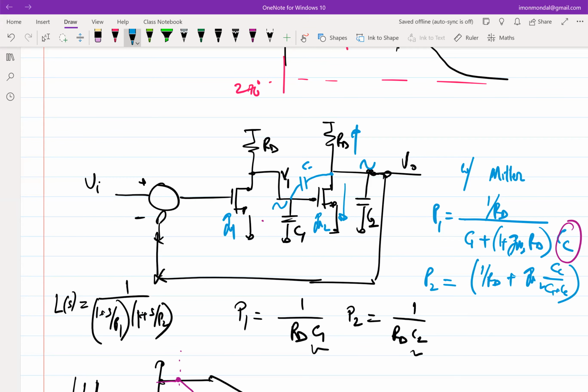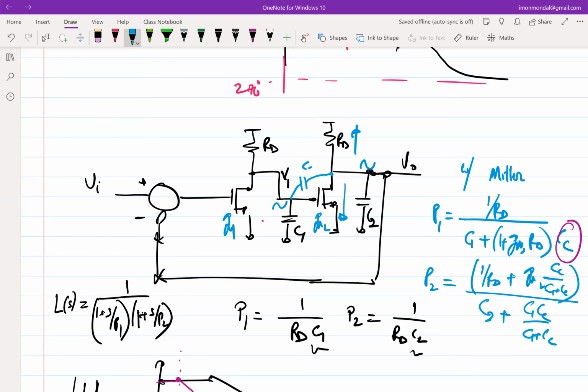So this will be the pole, and this will be the conductance, and capacitance is C2 plus the series combination of C1 and CC. So can you comment on whether this pole location is at a higher frequency than P2 or lower frequency than P2? Let's say CC is of the same order as C1.